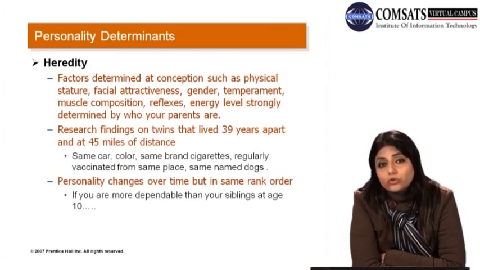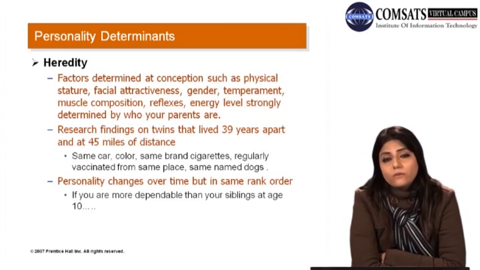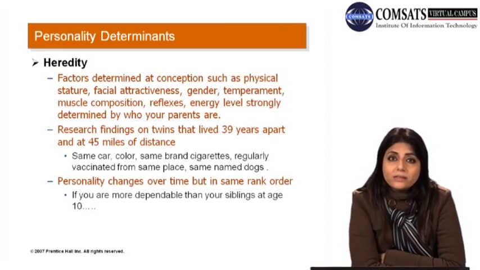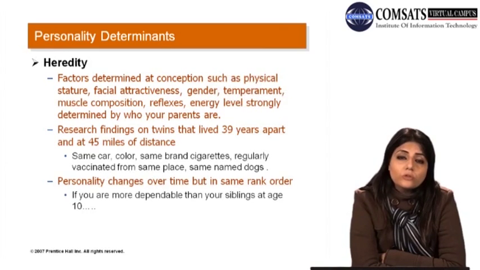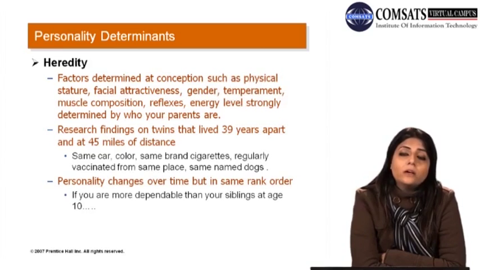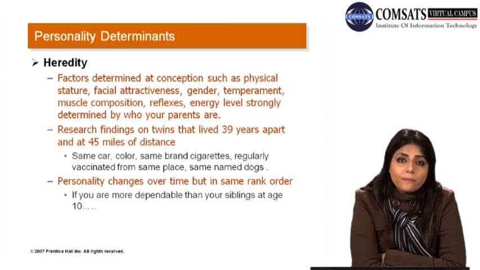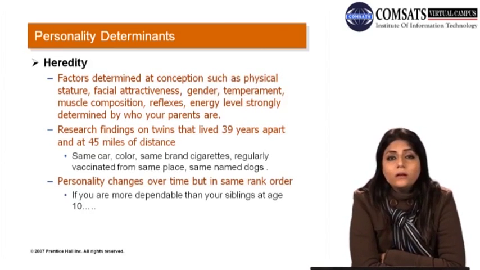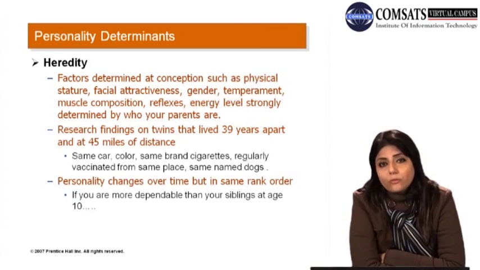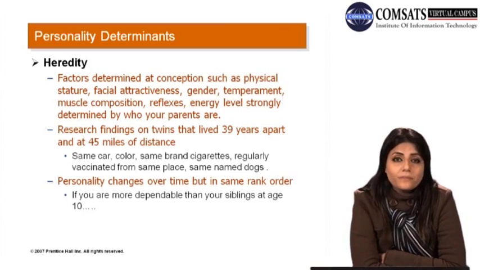That individual will also become more and more responsible as he grows, but still the individual who was more responsible in his childhood would remain more responsible than his sibling, although both will become more and more responsible over time, right? So the rank order will remain the same, right?